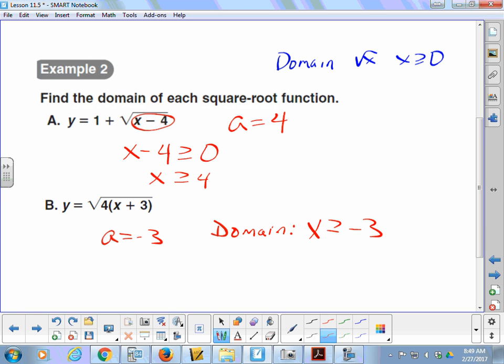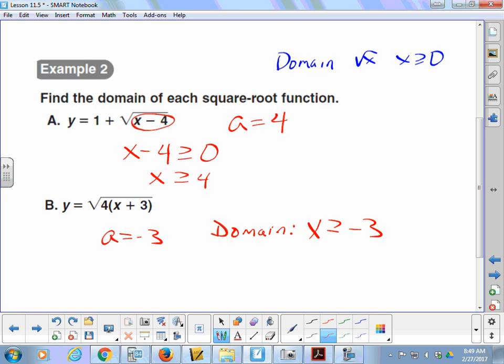All right, so it says find the domain. So all I need to do is identify the value of a and plug it in for the domain. A equals 4, domain x is greater than or equal to 4.